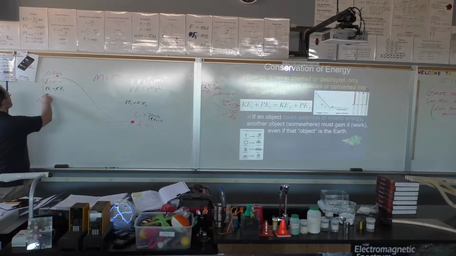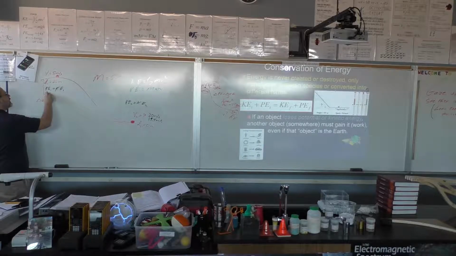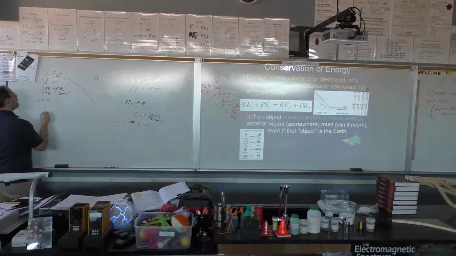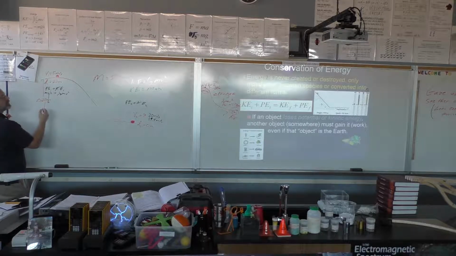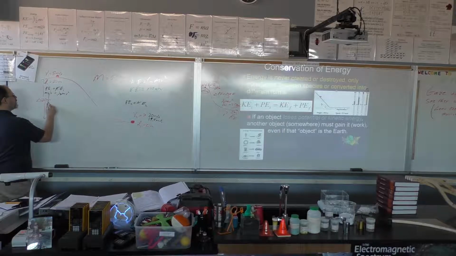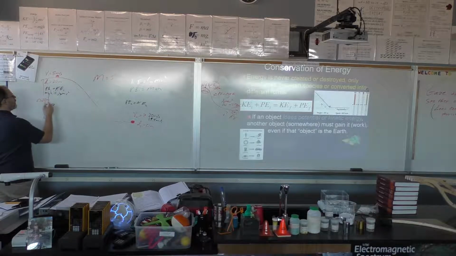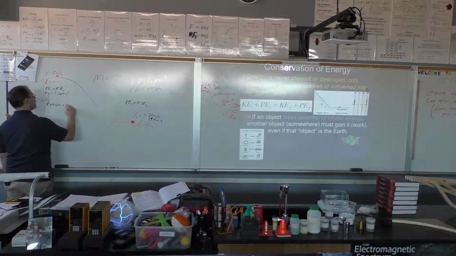So PE initially, again, it's up here at 20 meters. PE is mgh, and 1/2 mv squared for KE. So mgh, what's m here? 5, and then g is 10. Let's just make it 10. And h is 20, plus 1/2, what's m? 5.